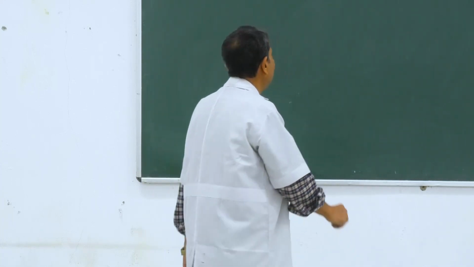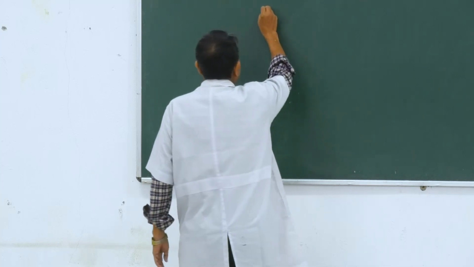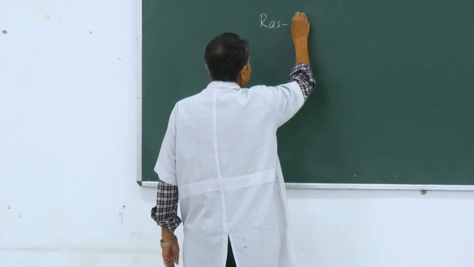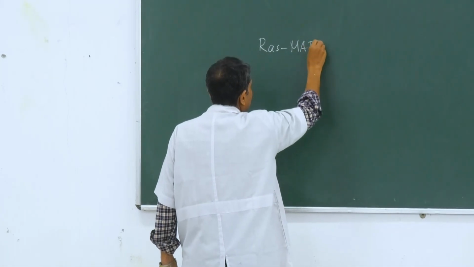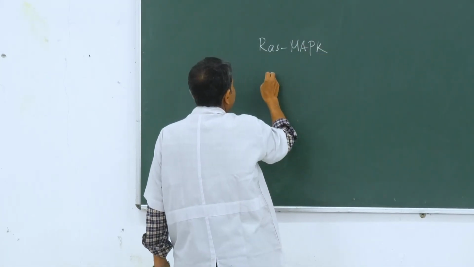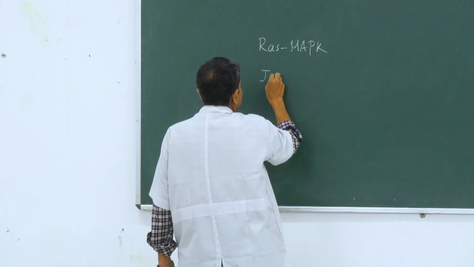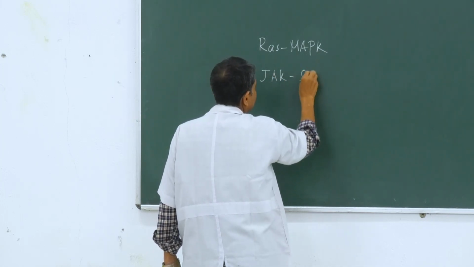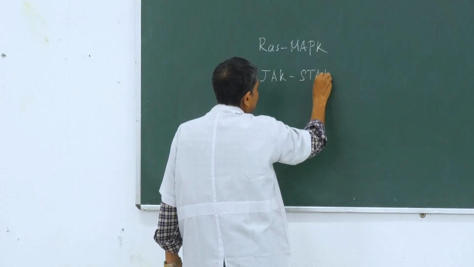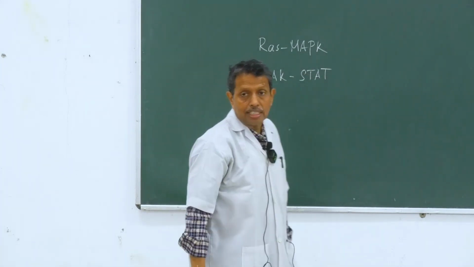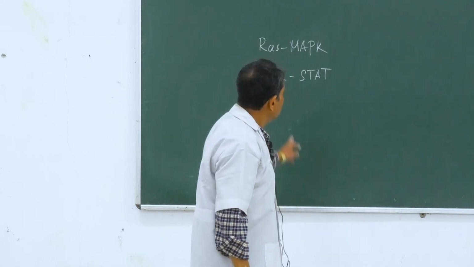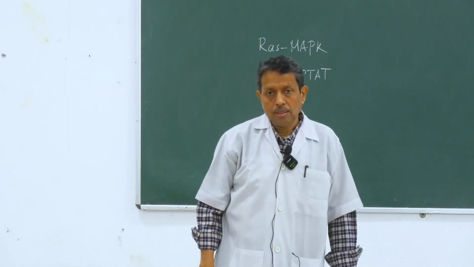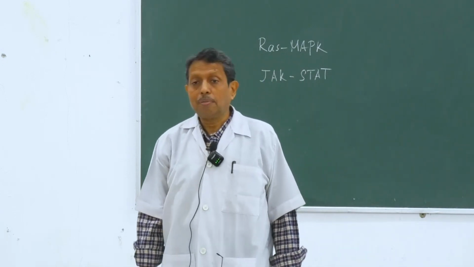One is the RAS, MAP kinase pathway. Another is the pathway. These are the pathways, and in one year this pathway was asked in the theory examination, the Jak-STAT pathway.